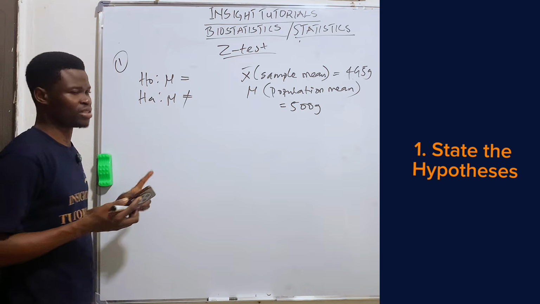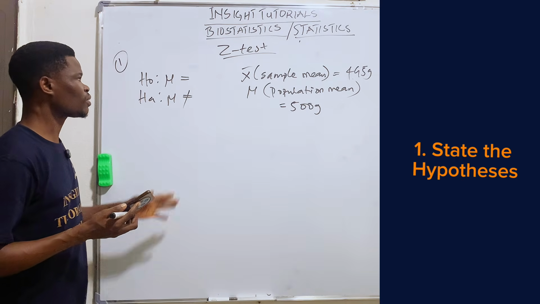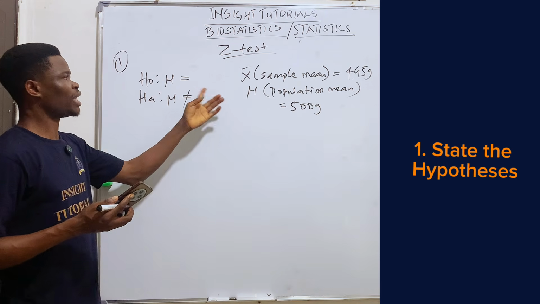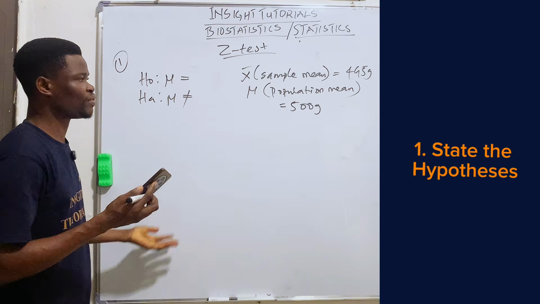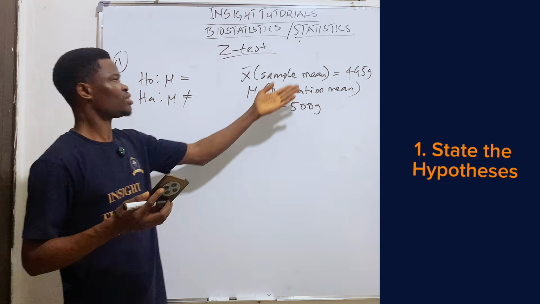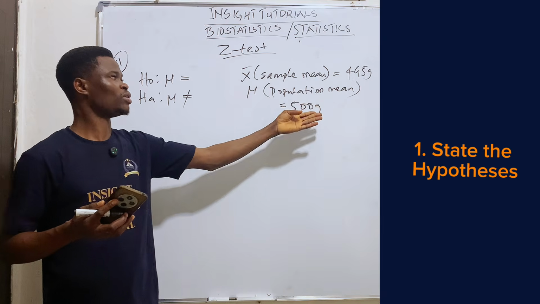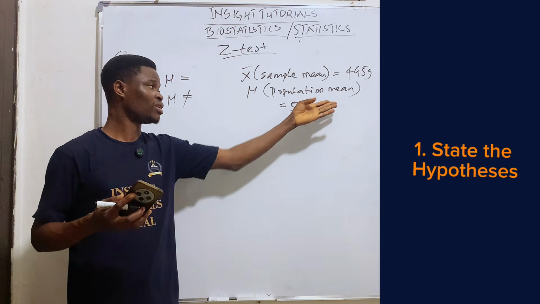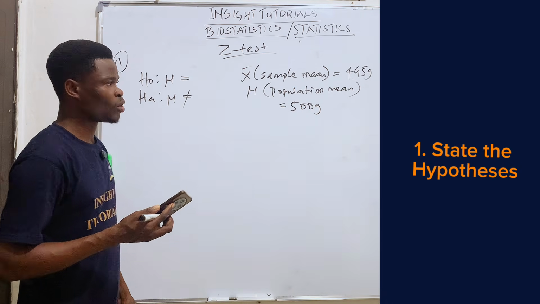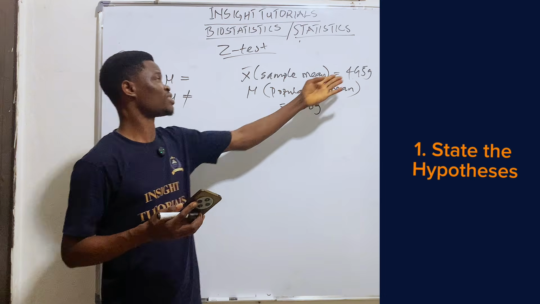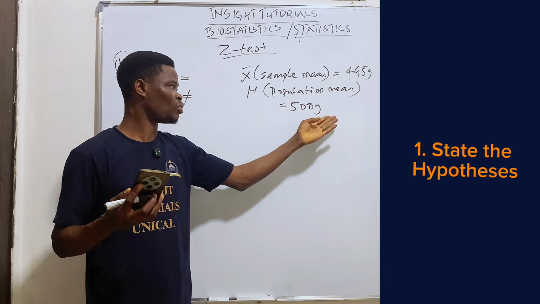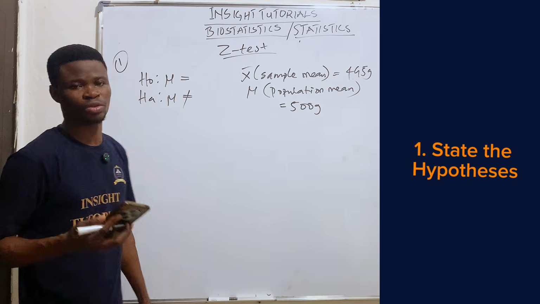So the null hypothesis will say that there is no significant difference between the sample weight of 495 and the population mean of 500 grams, right? That the weight of the sample does not differ from the weight of the population.